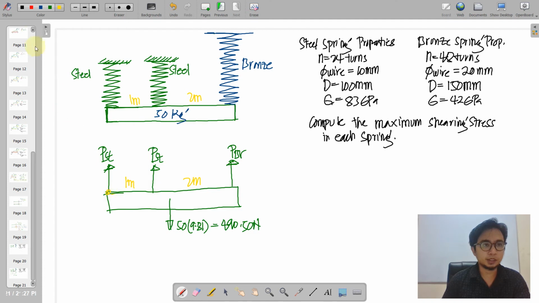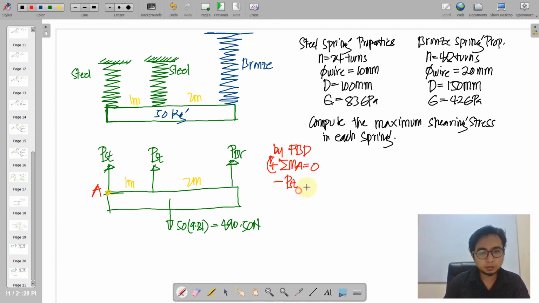I'll just name this point A. So by FBD, summation of moments at A, we have negative P of the steel times 1 plus 490.5, the weight, at the center, having a distance of 1.5 or half of 3. Another counterclockwise, we have the bronze load times the distance 3, and that would be equal to 0.